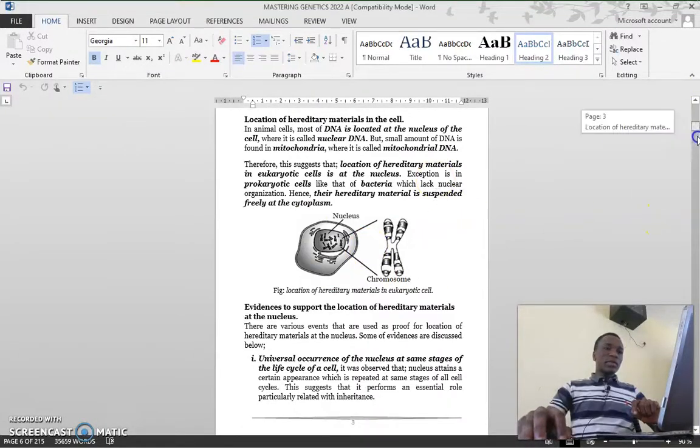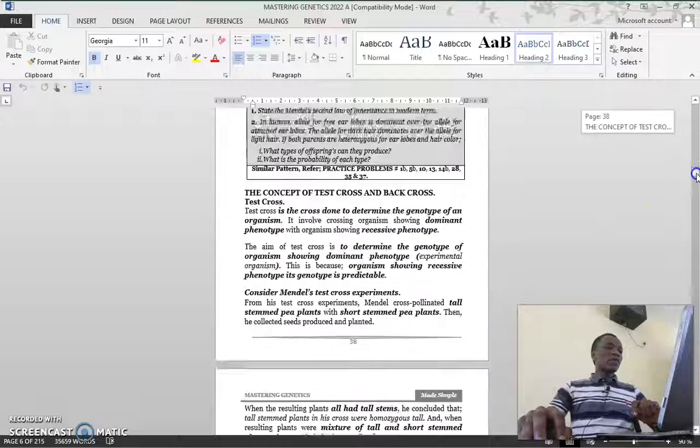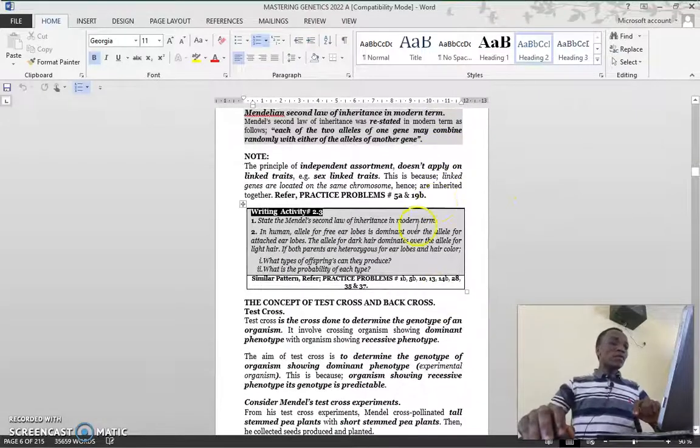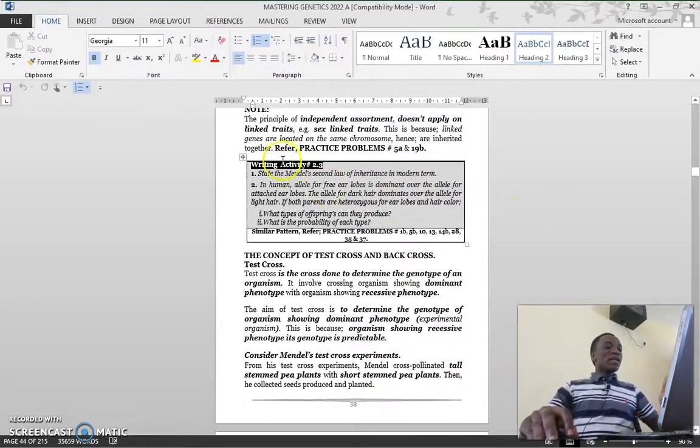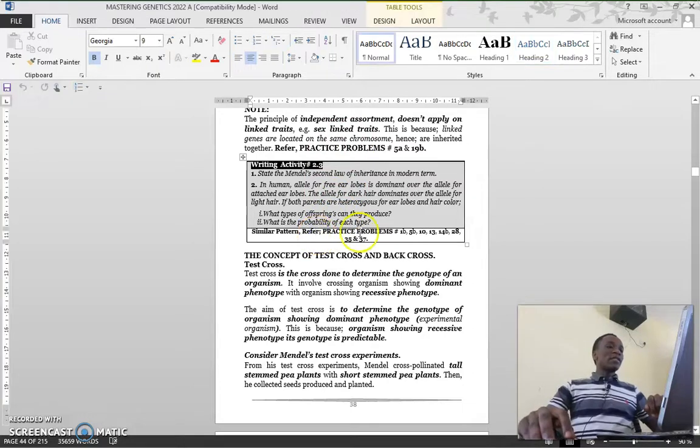Let us start with the organization of the notes part. I'm going to start with the very first part, the organization of the notes part. It has all these contents, but one beautiful thing is that you'll find writing activities within the book. Once you have a writing activity, it comes from maybe Mendelian, let's say dihybrid. Below that writing activity you will find a link to other practice problems included in this book that come from that dihybrid pattern.